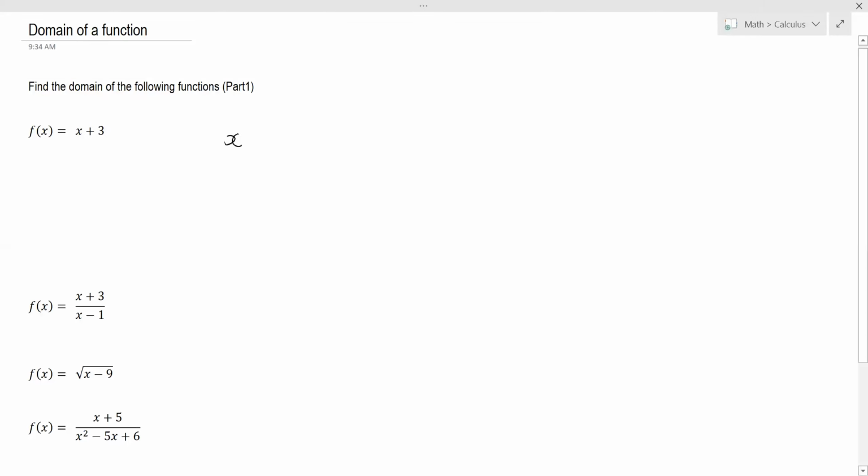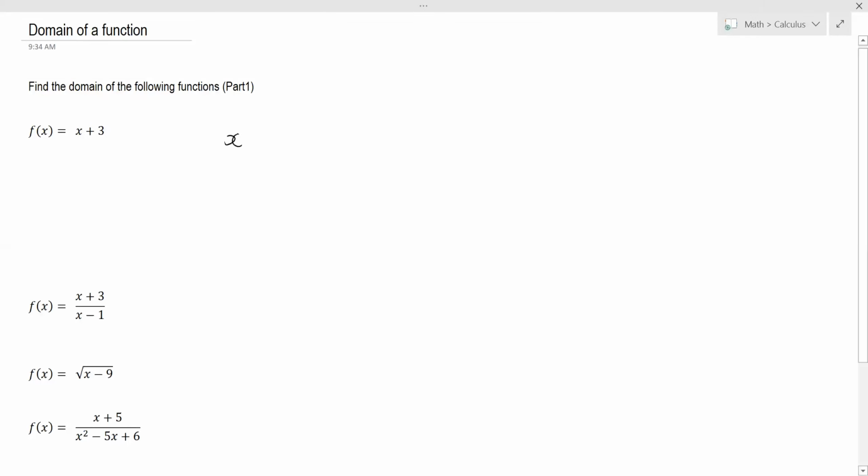That will happen when the denominator is equal to 0. Let's say we have 2 over 0. If the denominator is equal to 0, then this is undefined.